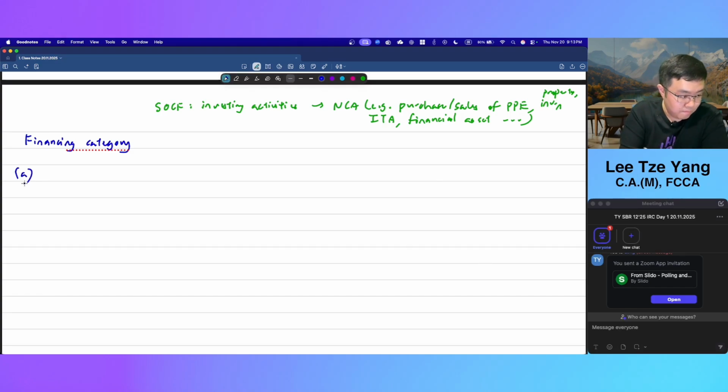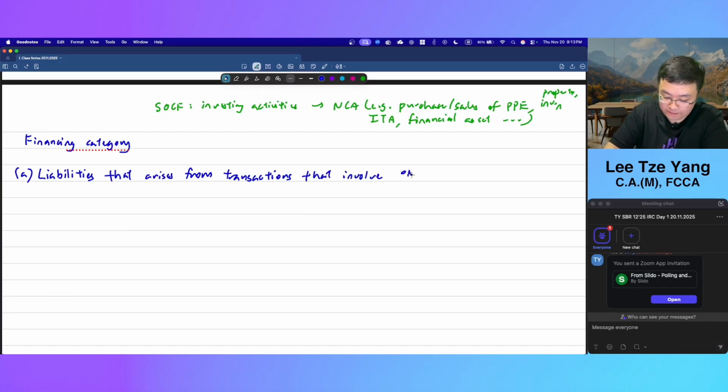First, is if it relates to liability that arises from transactions that involve only raising of finance.